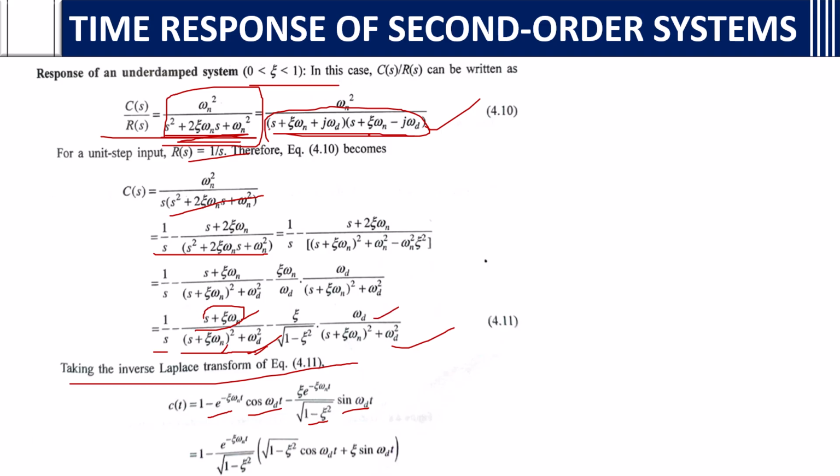You know that omega by s square plus a square is sin a t, so in place of s there is s plus zeta omega n. That's it. If you calculate, you can get this finally.